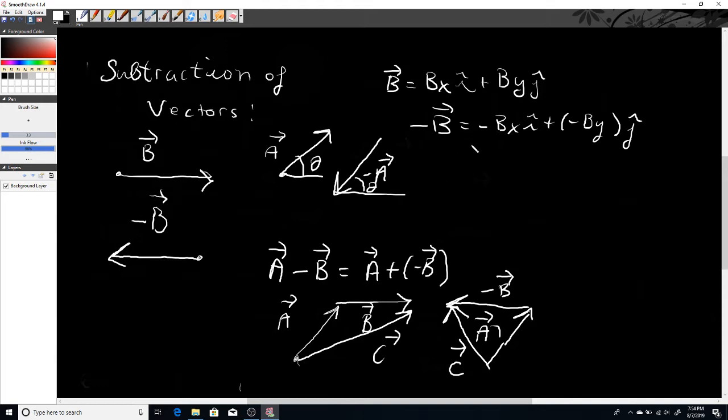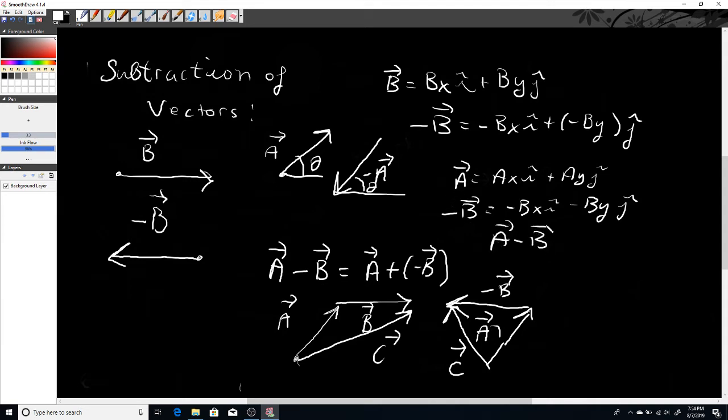So I'll just real quick show you, if we had A x in the i direction plus A y in the j direction, and negative B, negative bx in the i direction minus by in the j direction, then the sum of these, which is really the subtraction of B from A, or A plus negative B, would be ax minus bx in the i direction plus ay minus by in the j direction.